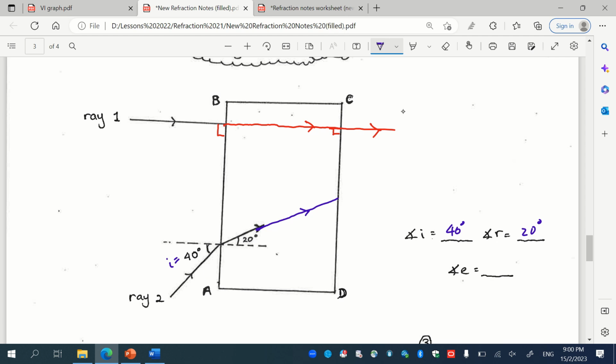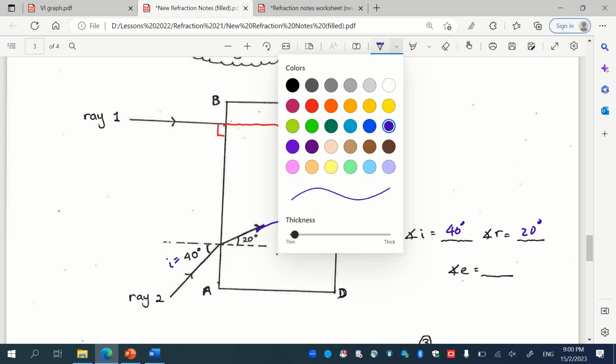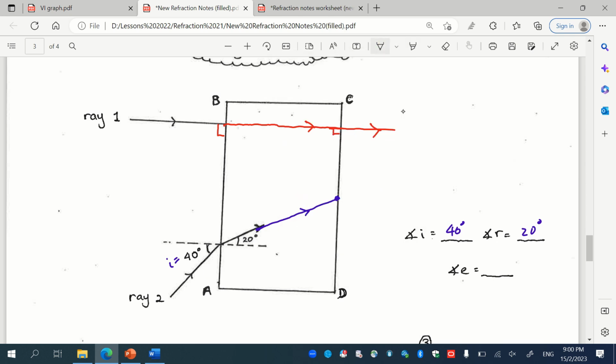But at this point, before you start drawing the ray going out, what line must you draw first? The normal line. So draw the normal line. After you draw the normal line, now ask yourself the rule.